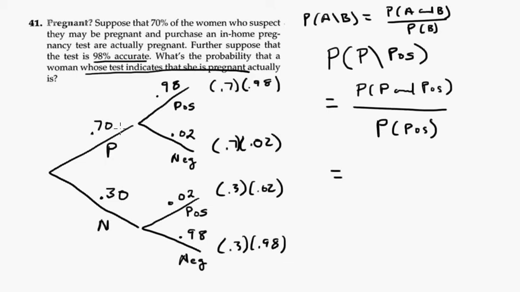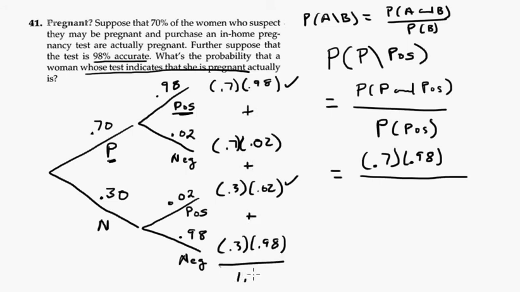Okay, so pregnant and positive is right here, so that's going to be 0.7 times 0.98. And then positive, though, it could be there's a positive test and there's a positive test. So we're going to have to add those. Remember that these all add up to 1.00. So you would add these.